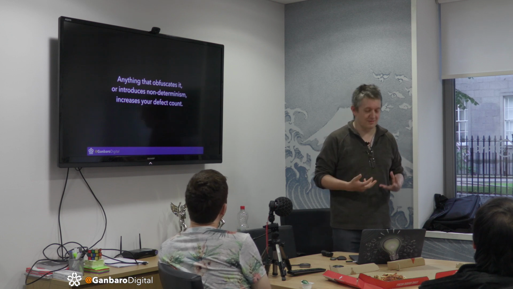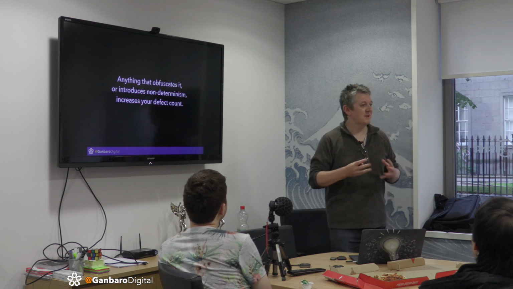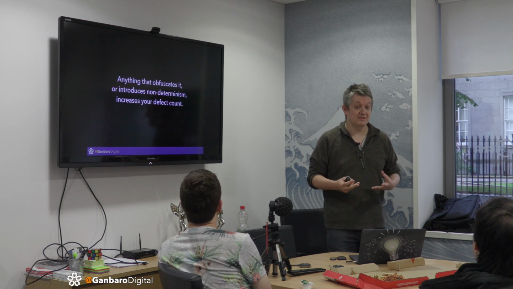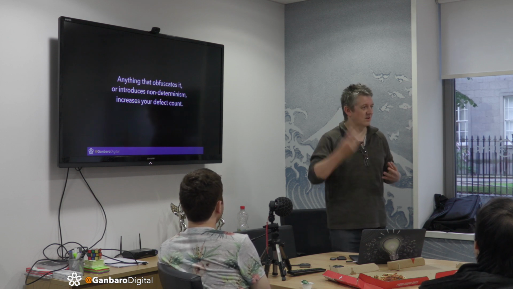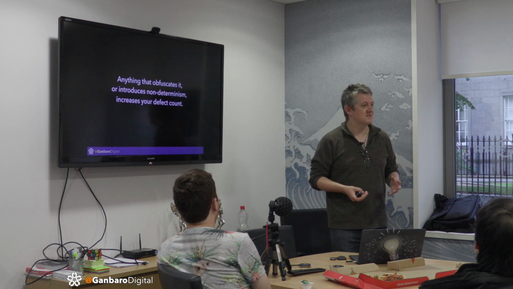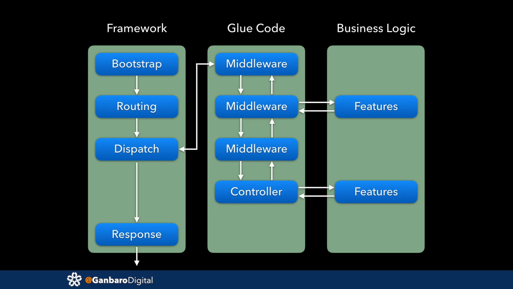I want to be able to reason about the code by reading it, not by having to execute it. Because all these things make it harder for a developer to understand what the code actually does. Much harder. It's a lot more to keep in your head, and it's easy to miss things. But if we look at our execution model again, that is absolutely traceable. You can follow that through.